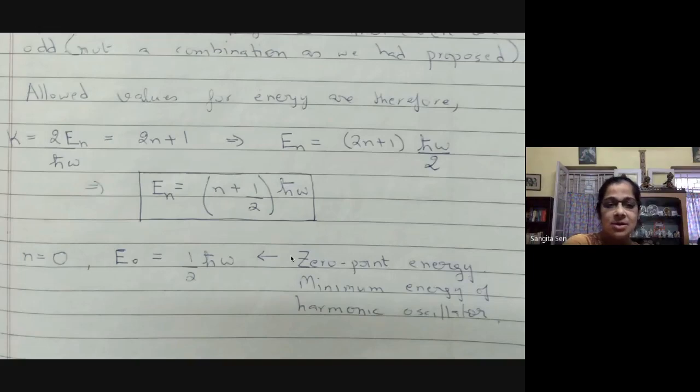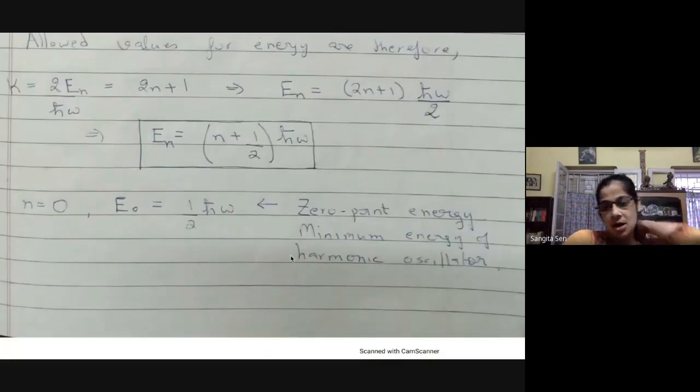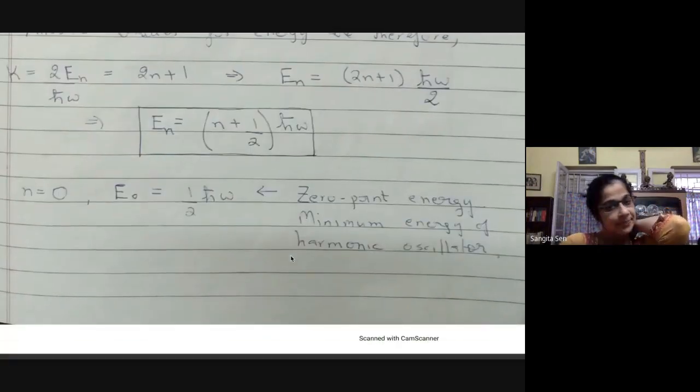If n is equal to 0, then you have the ground state, and the ground state has the energy half h cross omega. This is also called the 0-point energy. So the lowest energy for the harmonic oscillator is not 0 here. It is half h cross omega. If you remember, for other particles, the lowest energy was always 0. But there is a 0-point energy for a harmonic oscillator problem.